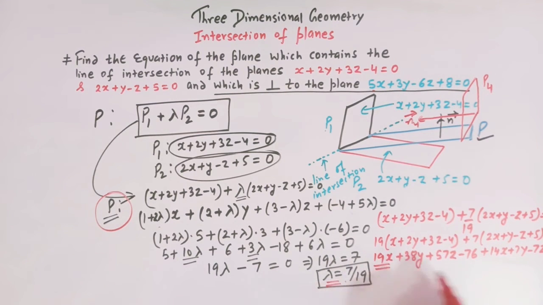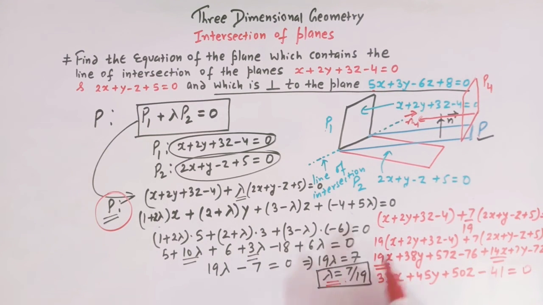So now we can combine the like terms here. So 19x plus 14x is 33x, and 38y plus 7y is 45y, and then 57z minus 7z is 50z, and then we have minus 76 plus 35 is equal to minus 41, right?